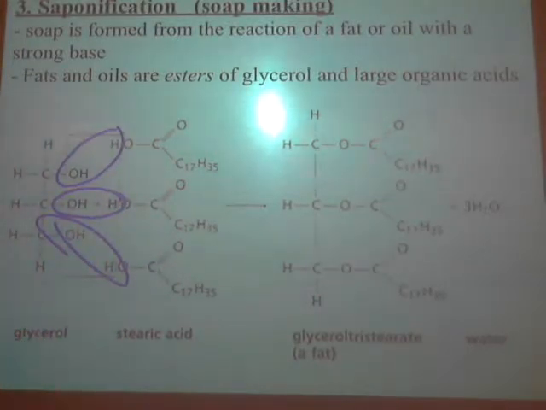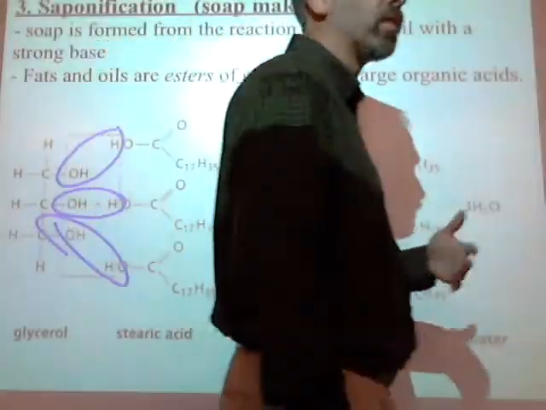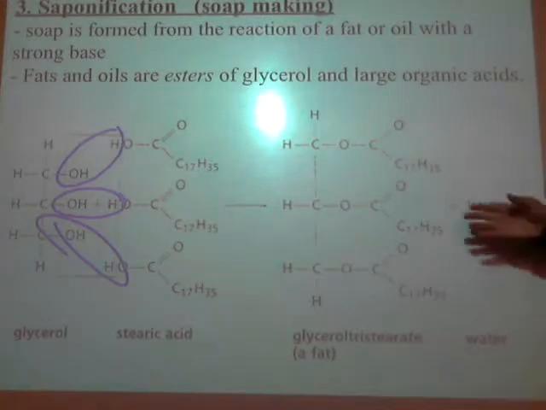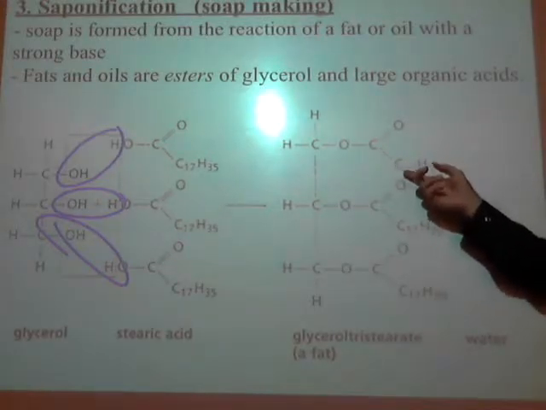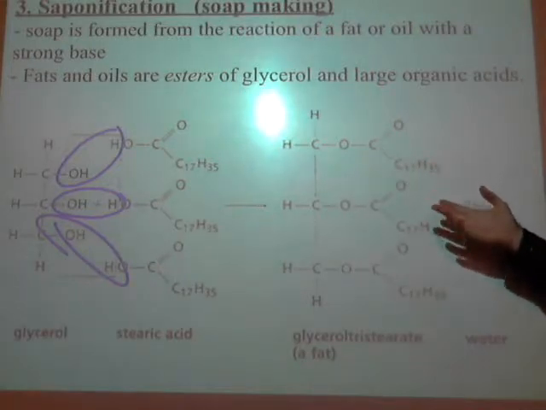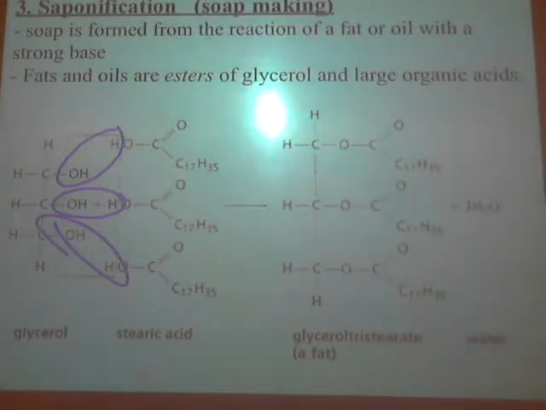The only difference between a fat and an oil, in general, is that a fat is usually a solid and an oil is usually a liquid, because a fat usually has more saturated carbons without double bonds, and the oil usually has more unsaturated ones with more double bonds. Therefore, the oil will be more likely to be a liquid at room temperature than a solid.